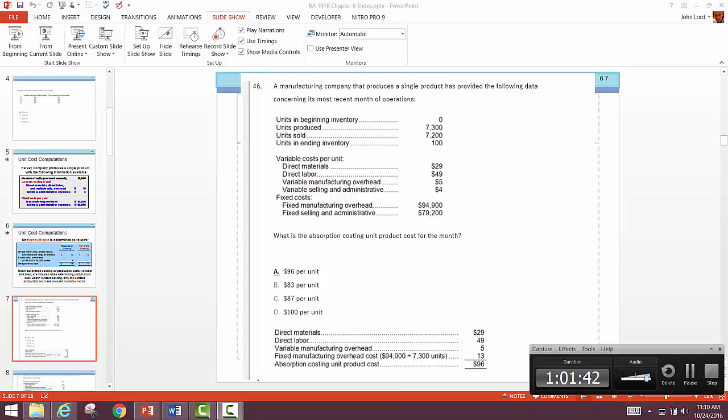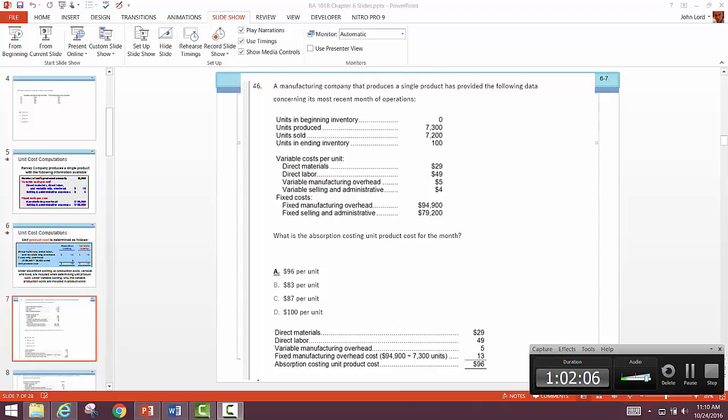That includes all of my direct material, all of my direct labor, all of my manufacturing overhead, both fixed and variable. And then the problem told us that they sold 7,200 units.